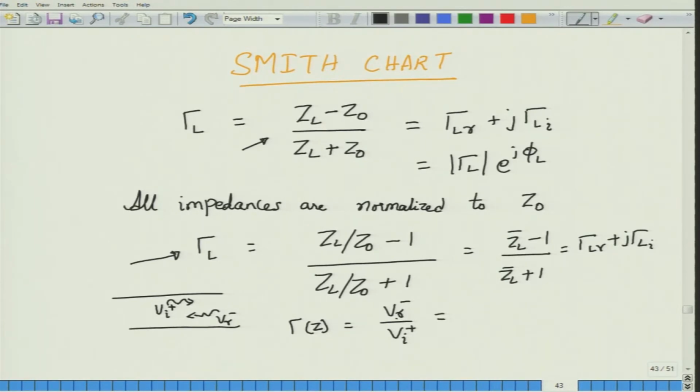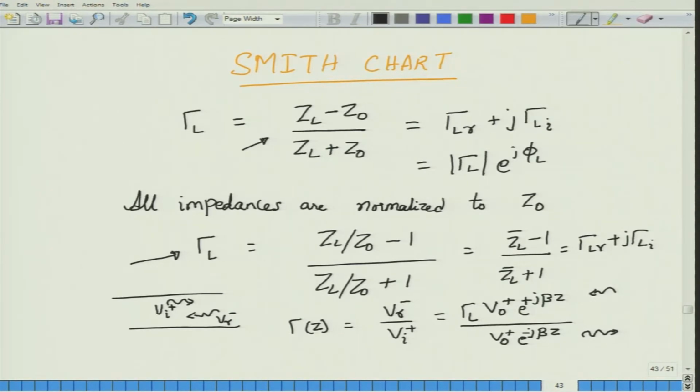We know that the reflected voltage can be expressed as the incident voltage multiplied by the load reflection coefficient gamma L. This is V0 plus e to the power plus j beta z, because this is travelling in the backward direction, and Vi plus is the incident voltage, which we can write as V0 plus e to the power minus j beta z, because this is travelling along plus z, the forward direction.